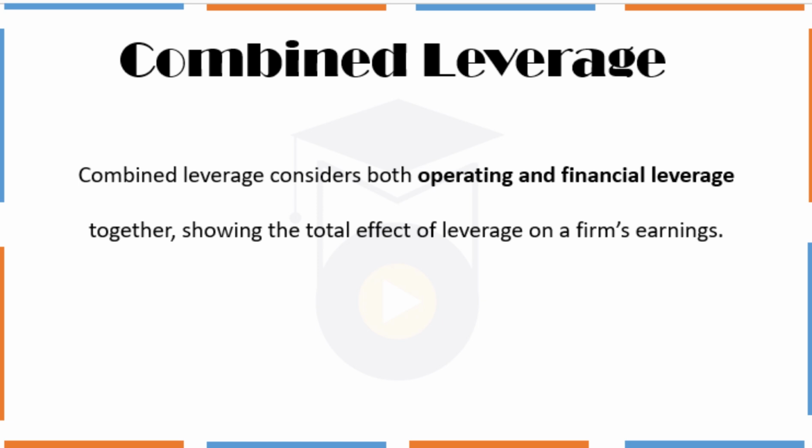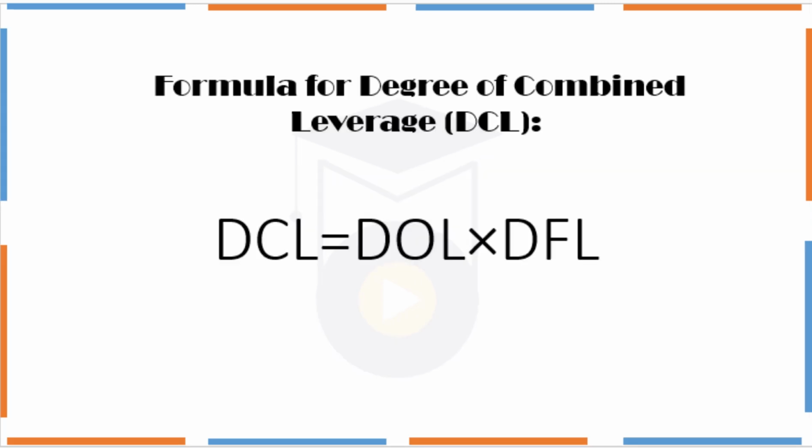Moving on, we are going to be talking about combined leverage. Combined leverage considers both operating and financial leverage together, showing the total effect of leverage on the firm's earnings. The formula for degree of combined leverage is quite easy.